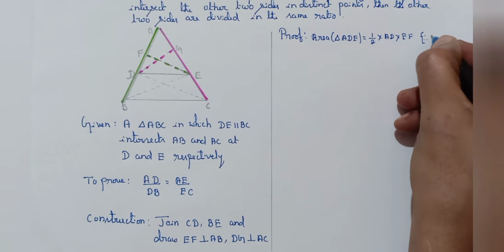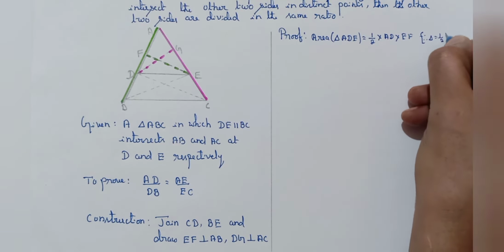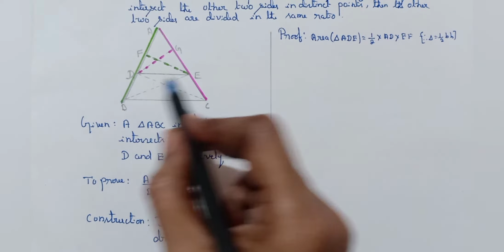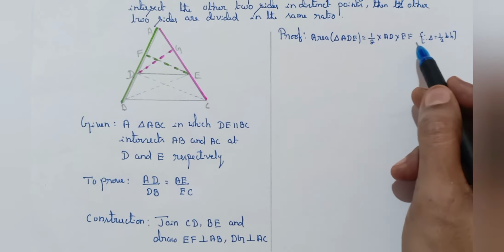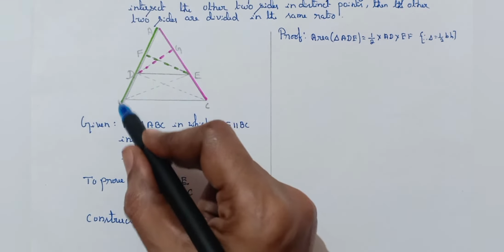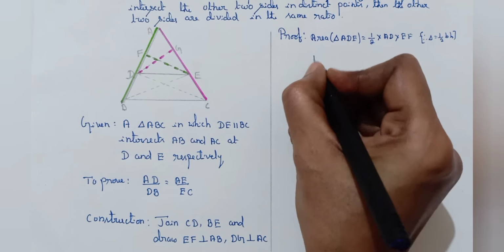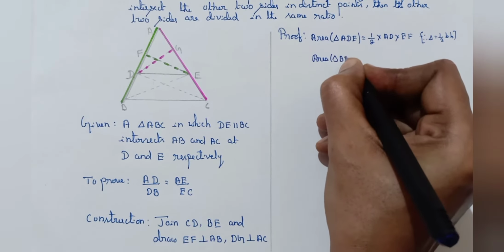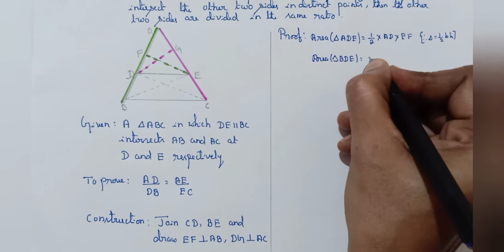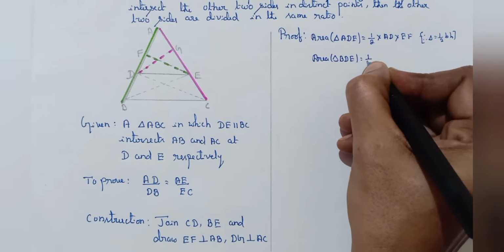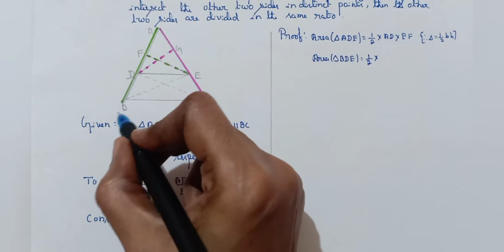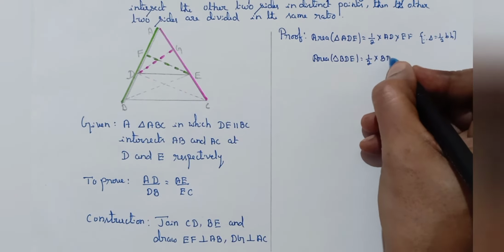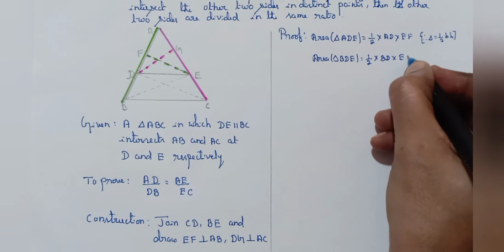So the area of the triangle ADE is half into AD into EF, and write the area of the triangle BDE. BDE is an obtuse angle triangle. The area is half into, here the base of the triangle BDE is BD and the height is the same EF.